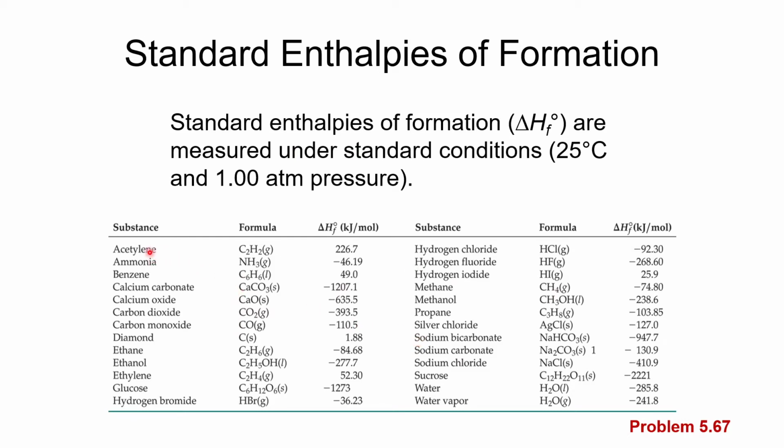From here we've got acetylene, ammonia, benzene, and so on and so forth. And on problem number 67, we're going to do a couple of examples of these. So we'll switch over here to number 67.